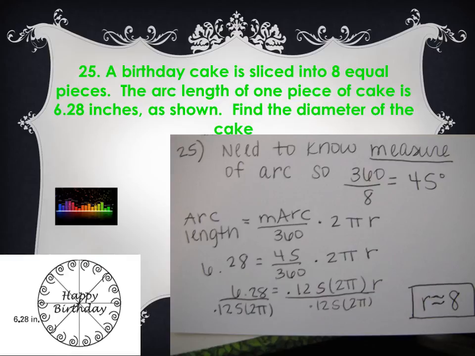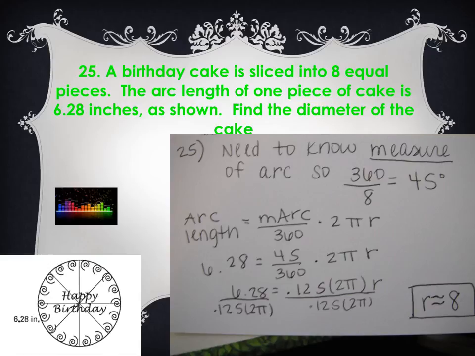Arc length goes on the left side, and that is 6.28, and it equals 45 over 360 times 2 pi r. What I did was divide 45 by 360 in my calculator first, and that gives me 0.125. So what I have on the right side is 0.125 times 2 pi times r. I need to get r by itself, so I need to get rid of everything that is in front of r.